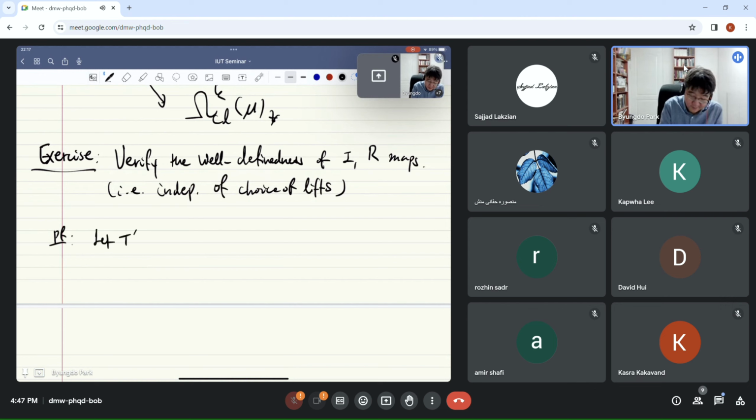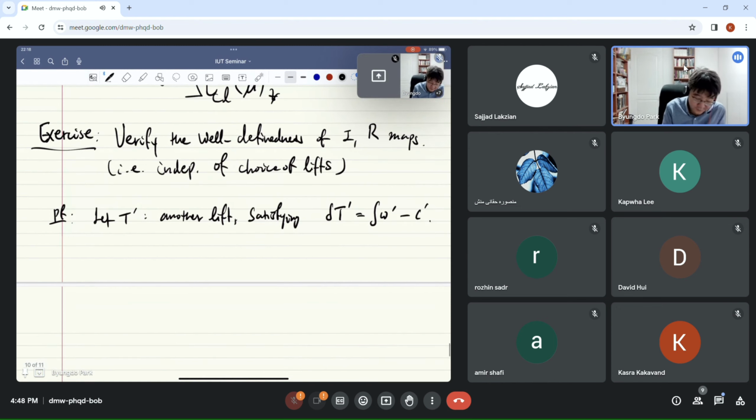Let T prime be another lift satisfying delta T prime equals integral omega prime. Here I don't actually need to distinguish, but I'm going to just follow the paper by Cheeger-Simons.